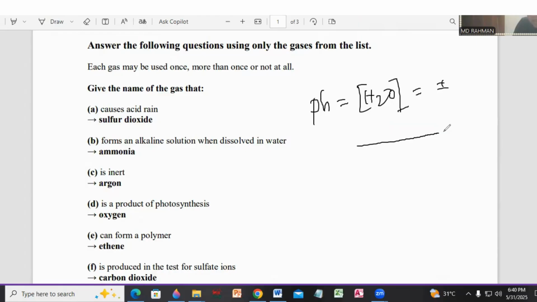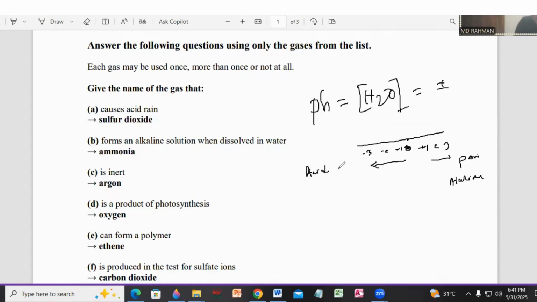You can see this is the number line, and this is 0, right? This is -1, this is -2, this is -3. So these are the acidic direction. Then 0, and +1, 2, 3, these are the positive direction, that is the alkaline direction.